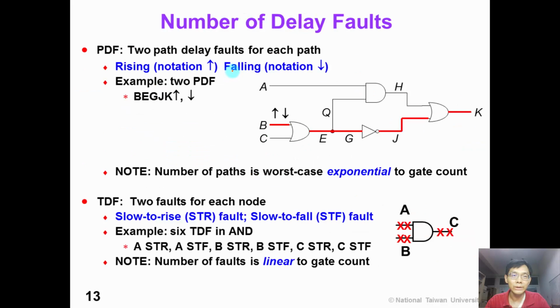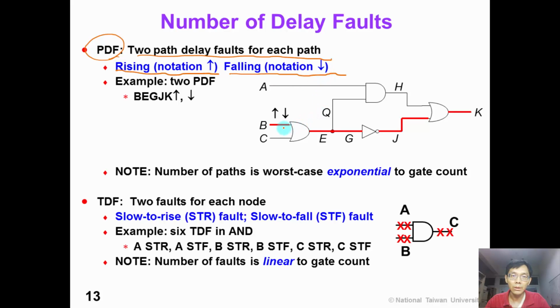This slide shows the number of faults for these two fault models. For path delay fault, there are 2 faults for each path. One is rising with an upward arrow and the other is falling with a downward arrow.